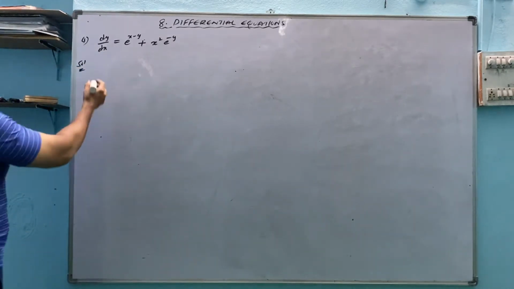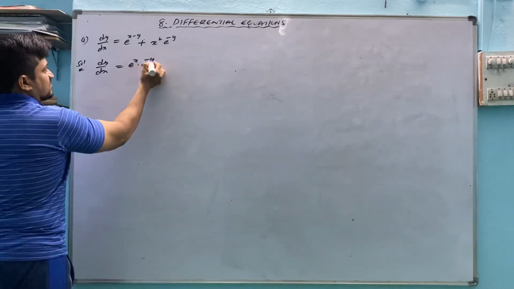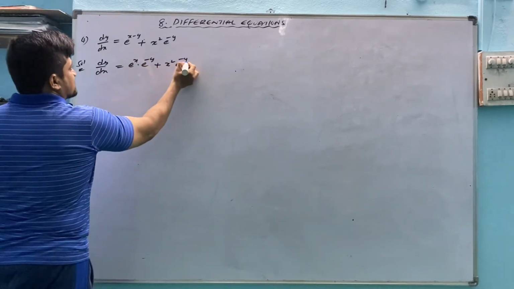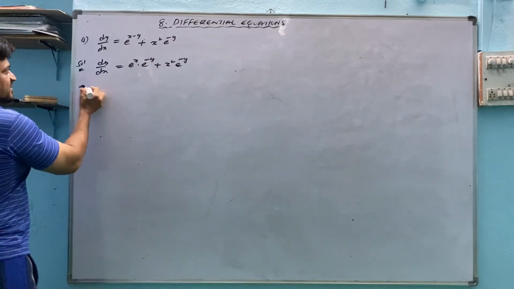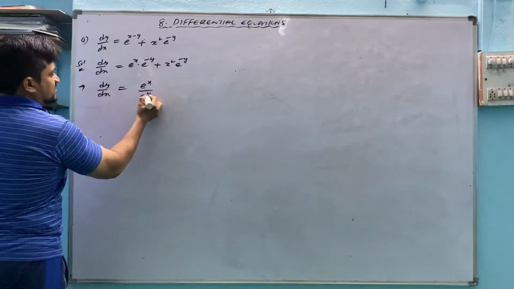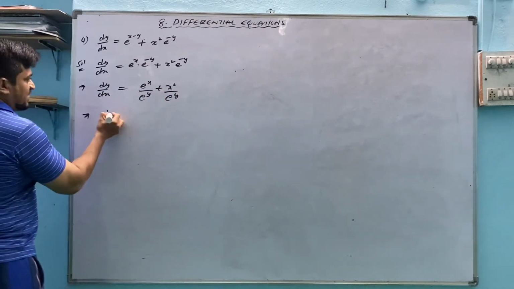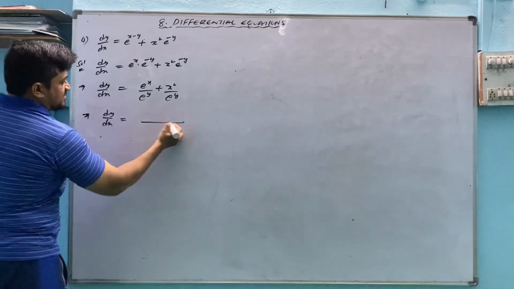So first thing, dy by dx is there. Here we will split this value into two parts. Then we can take common, or we can send this to the denominator. Then what we will do, we will have one single denominator here.